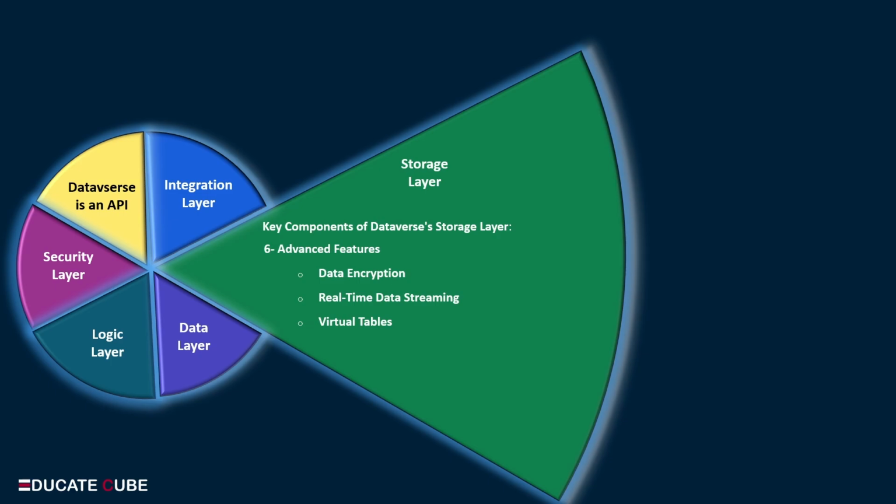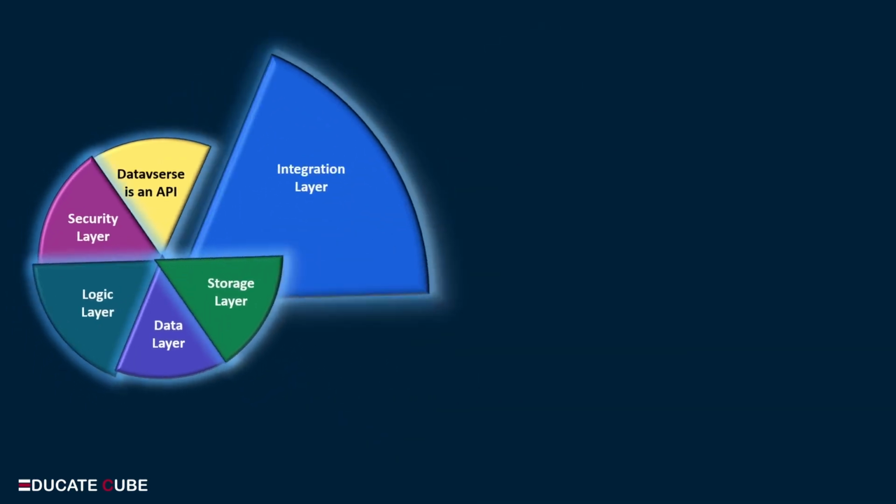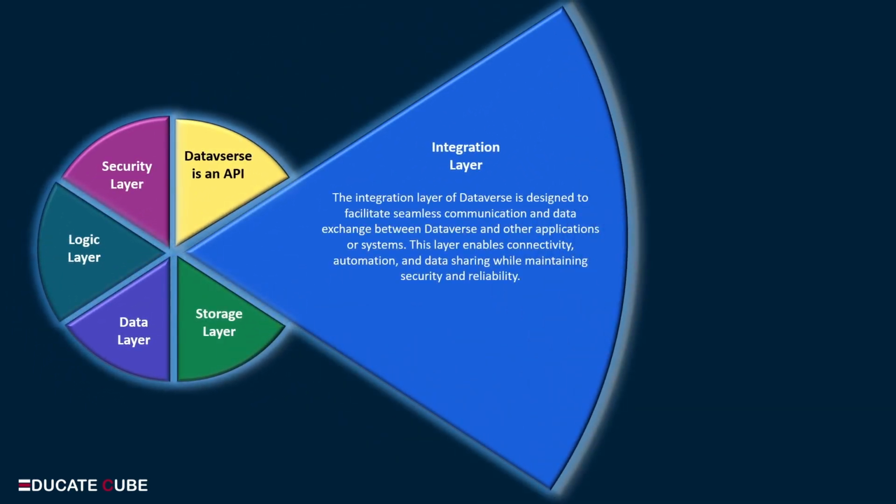Now the last layer is our integration layer. The integration layer of Dataverse is designed to facilitate seamless communication and data exchange between Dataverse and other applications or systems. This layer enables connectivity, automation, and data sharing while maintaining security and reliability.